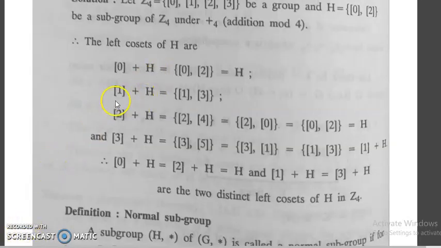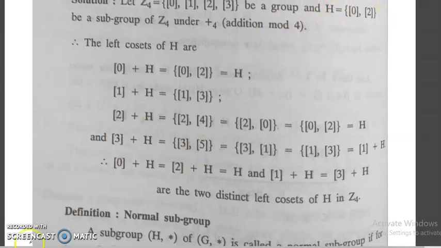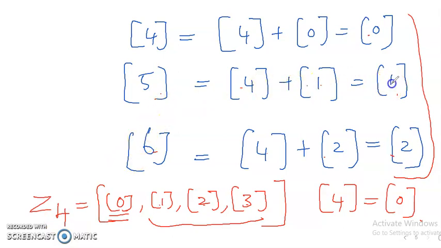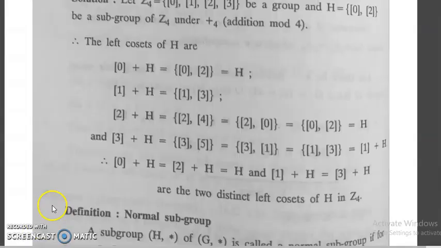Now, 1 + H is {1, 3}, 2 + H is {2, 4}, and 4 can be replaced by 0. Then 3 + H: increase by 3, 3 plus 0 is 3, 3 plus 2 is 5, but 5 can be taken as 1, because it is addition modulo 4.